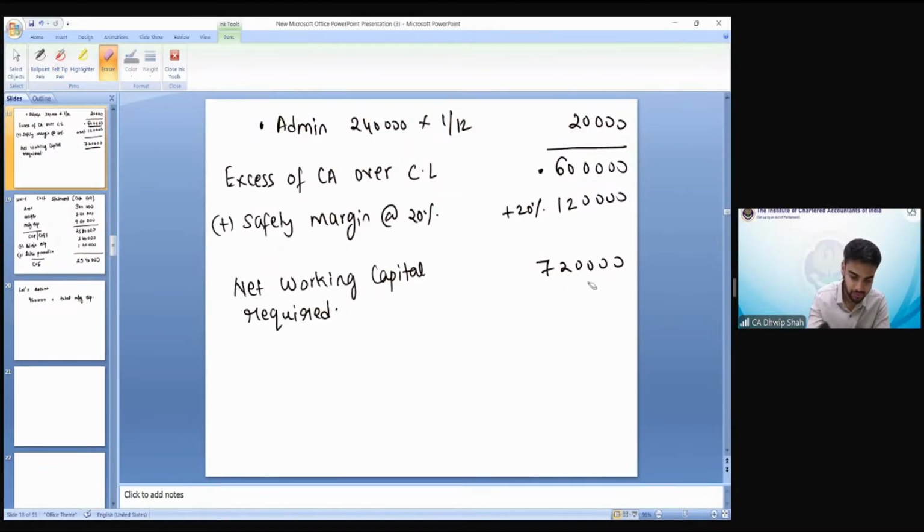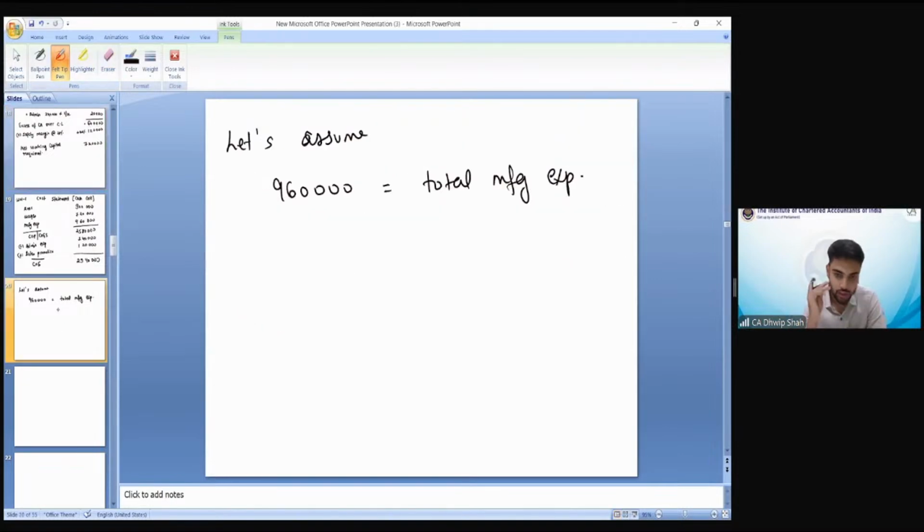Okay, so now a small twist. Let's assume this 960 is my total manufacturing expense instead of cash manufacturing expense. As I told you, we have to remove the effect of depreciation from this 960. Yes or no? Are you following? We have to remove it. So how do we remove it? For that, they would provide the amount of depreciation in the question. The depreciation is so and so.